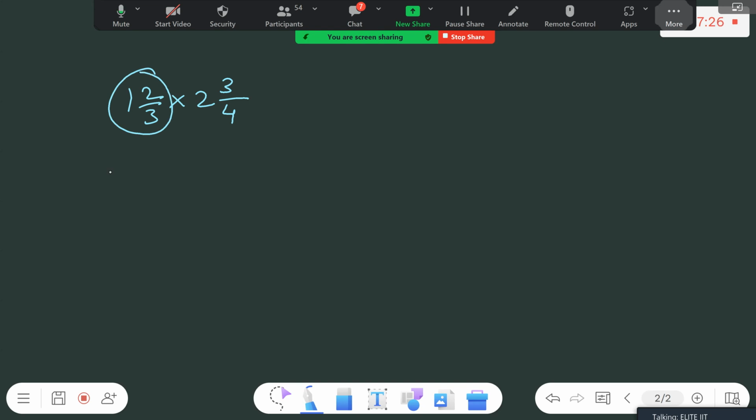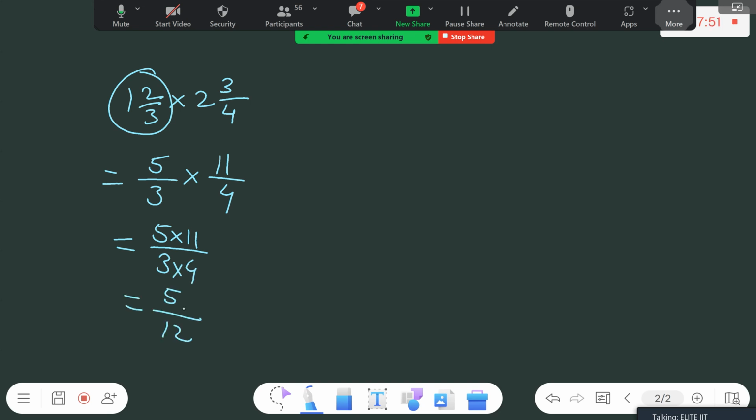It will become 3 into 1 plus 2, 5 by 3, into this one also 4 into 2 plus 3, 8 plus 3, 11. Exactly. So then you will multiply the numerator with the numerator and denominator with the denominator, isn't it? 55 by 12. Can you reduce it further?